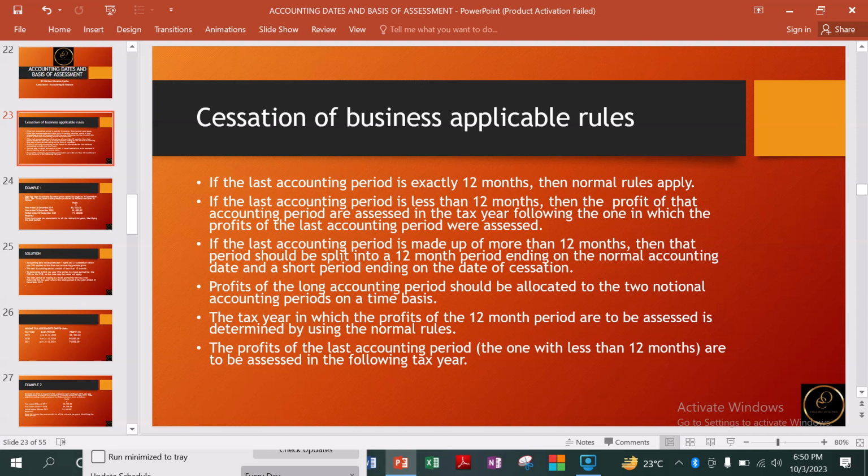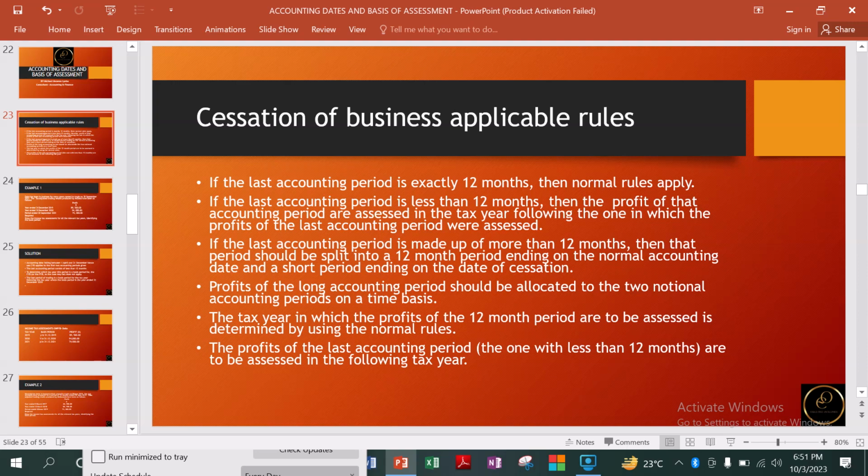A number of points need to be looked at in this regard for tax purposes. One, you should note that if the last accounting period is exactly 12 months, then normal rules apply. When I say normal rules, I mean where you look at the accounting period, the accounting date, and find out if it is falling between 1st January to 31st March, then you know you have to use the preceding year basis.